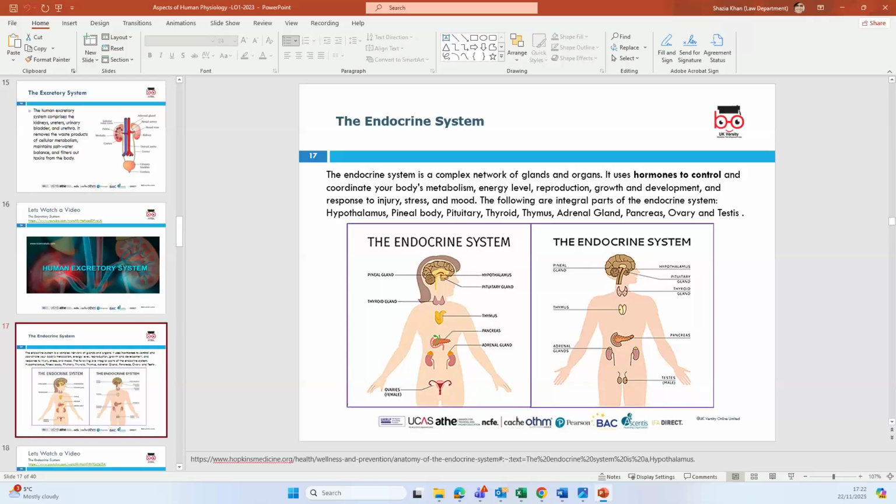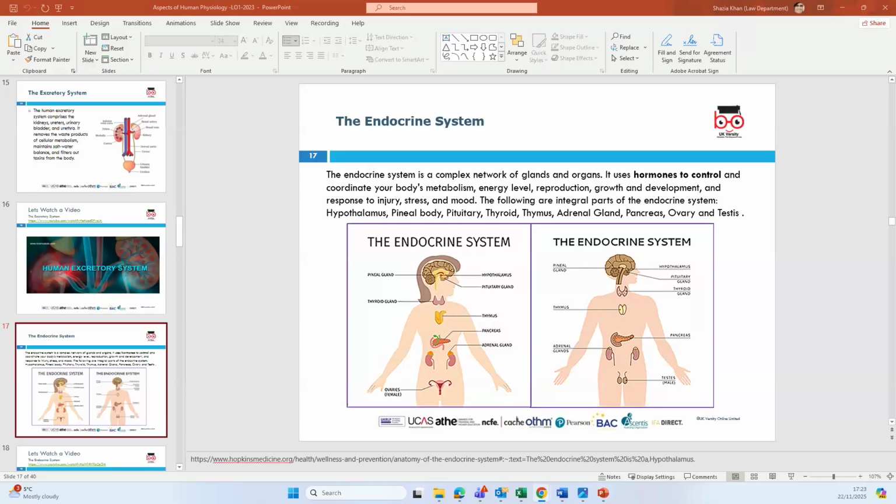secrete hormones directly from bloodstreams to regulate functions like growth, metabolism, and reproduction. The key components of the endocrine system are the hormones, the glands, the bloodstream, and the target organs.